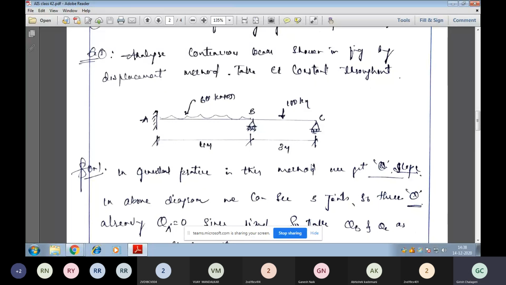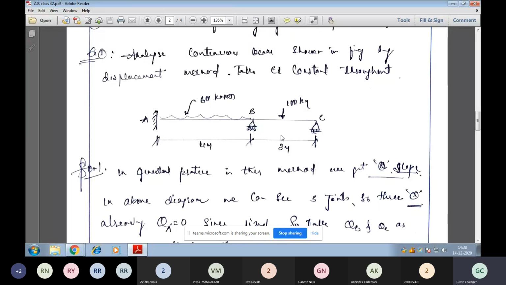The joints in this are A, B, C, and A is a fixed end. Obviously, theta A will be 0. Left with two thetas, theta B and theta C. Theta B has a rotation at B joint, and similarly, BC has a roller support, so it will also have a rotation.